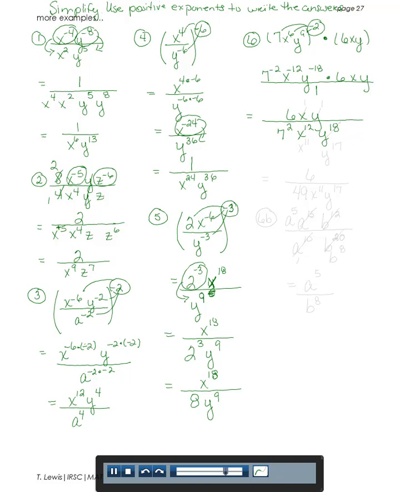If I didn't show you the shortcut, this is what you would normally do. You would say x to the 1 minus 12, y to the 1 minus 18, and then you're going to have negative exponents, and then it's going to go back to the denominator. That's what's going to take place.